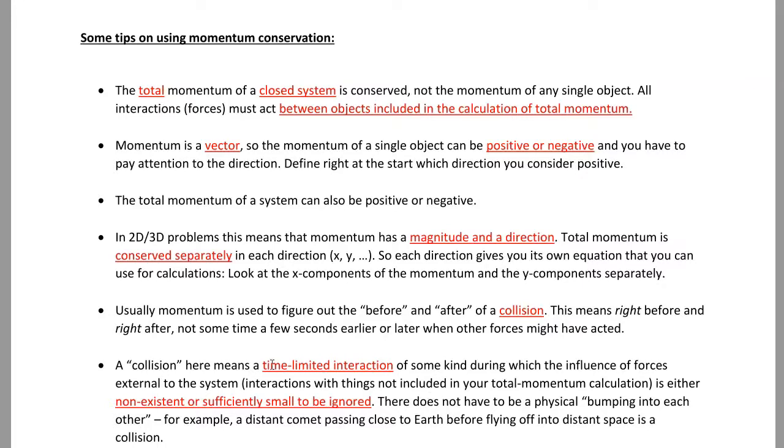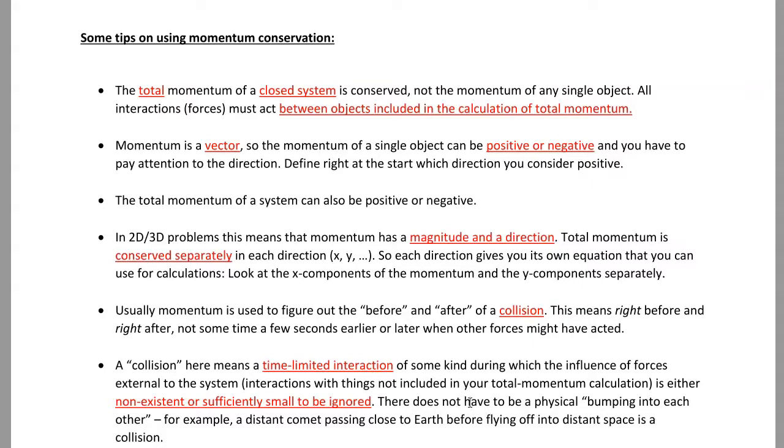Another thing to note is that interaction doesn't mean that they must be physically bumping into each other. Right? So we can have other short-lived interactions and still call it a collision in the physics sense. Here's a good example that may surprise you. You have some distant comet or maybe a meteorite. It passes close to Earth. It doesn't actually smash into Earth, but it gets gravitationally bent around it.